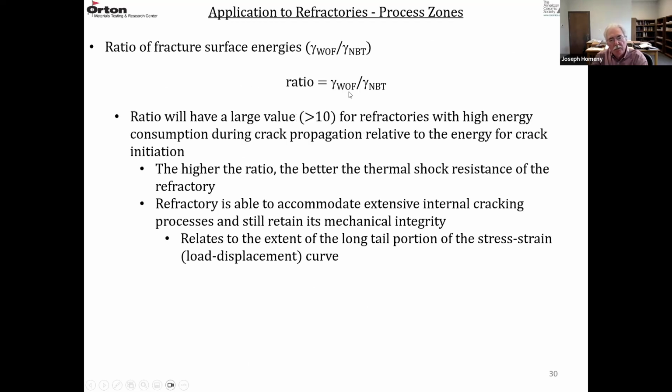So the ratio of gamma WF over gamma NBT, you want that to have as high a value as possible. When it's over 10, that means you have a refractory which takes a great deal of energy to propagate a crack relative to initiating that crack movement.